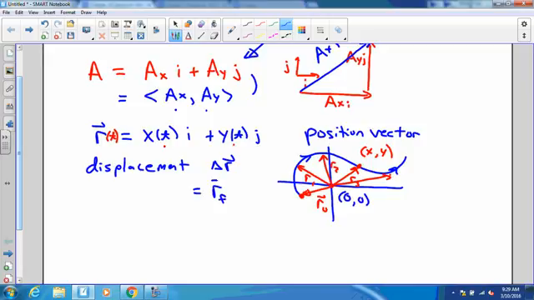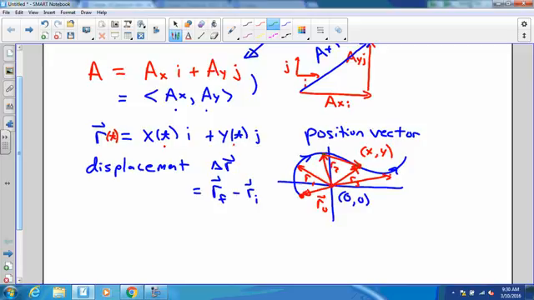Delta r is going to be equal to a final minus an initial. And so if I go over to my curve right here, and I pick one point, say R3 here, to be the final, and one to be the initial, then the delta R is going to be the vector that is the difference between those two.